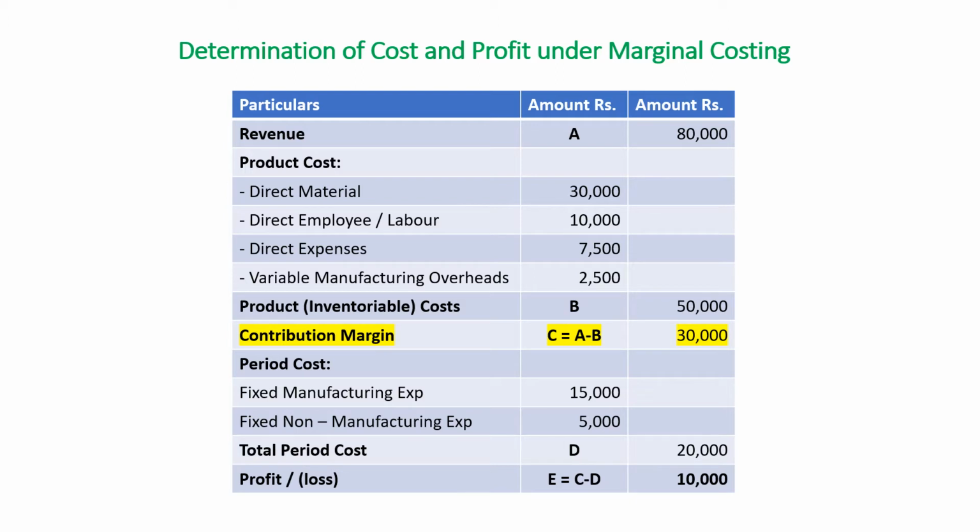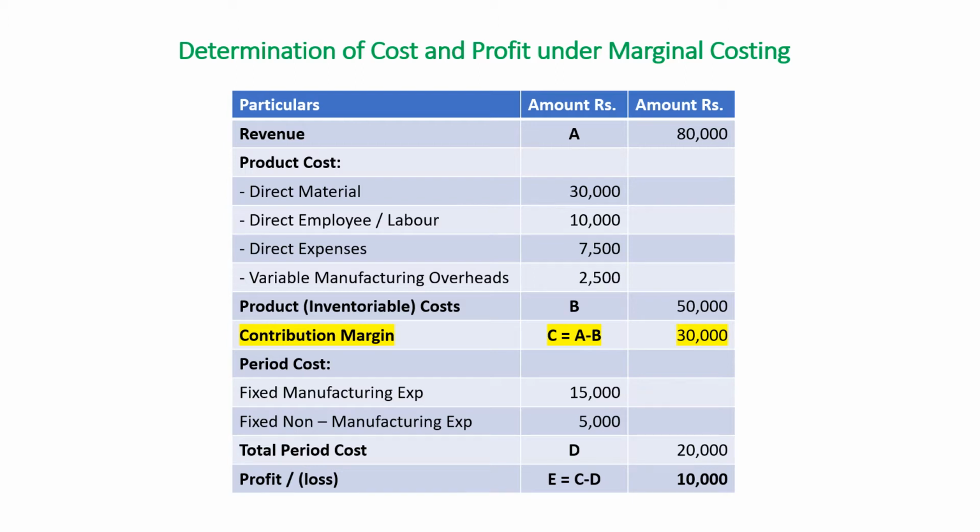So when we reduce the product cost of 50,000 from revenue of 80,000, what we get is 30,000. It is called contribution margin. In accounting, it is otherwise called gross profit.